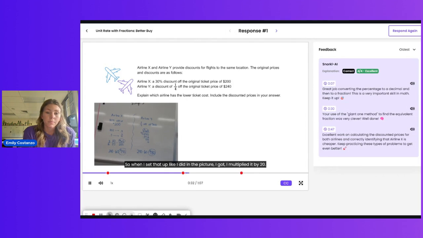When I set that up, like I did in the picture, I multiplied it by 20. So 3 times 20 gives me 60. So I know that 30% of 200 is 60. Then I did 200 minus 60 and got 140.